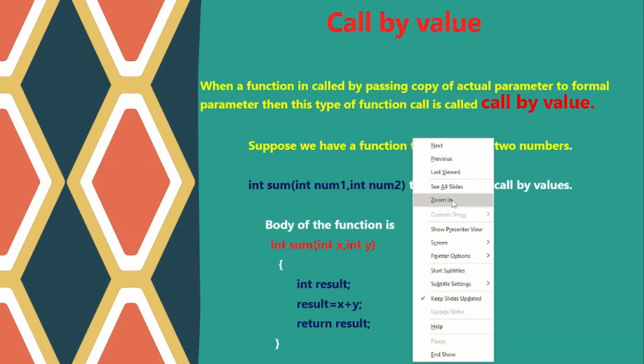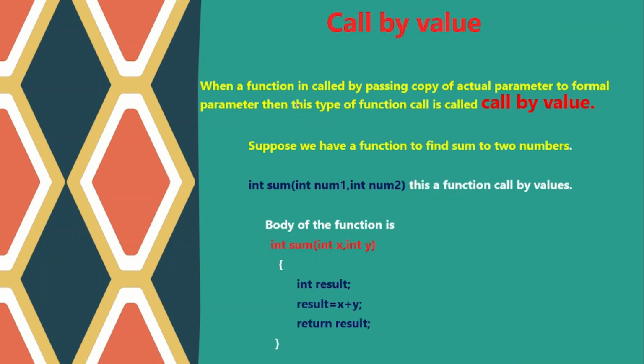See it very clearly. When a function is called by passing copy of actual parameter to the formal parameter, right? This type of function call is called call by value. So let's see.